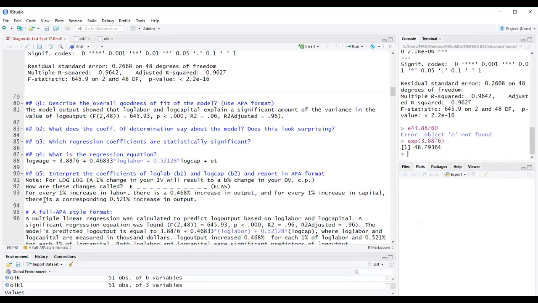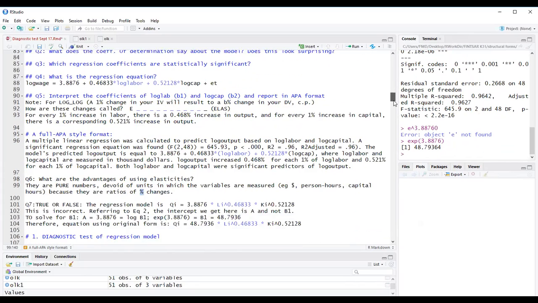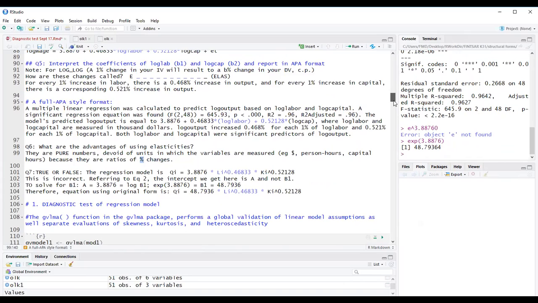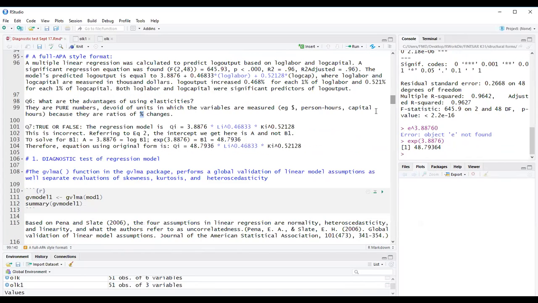So mag-equation natin, yung original equation: output is equal to 48.7936 times labor raised to the 0.46833 times capital raised to the 0.52128.